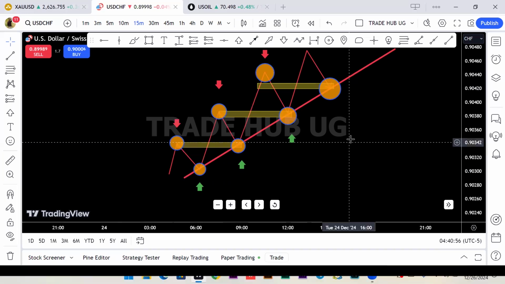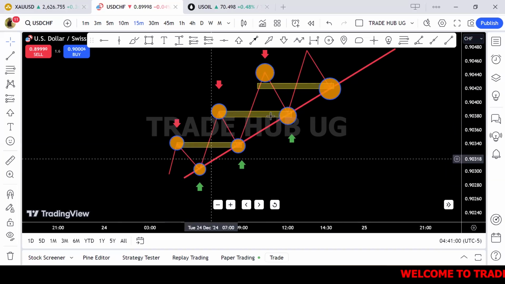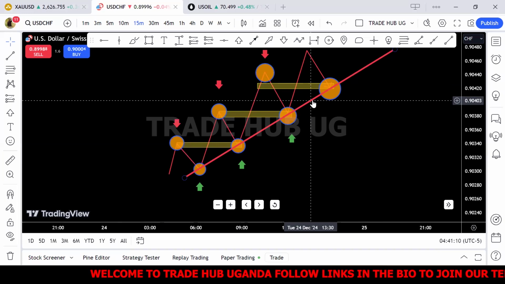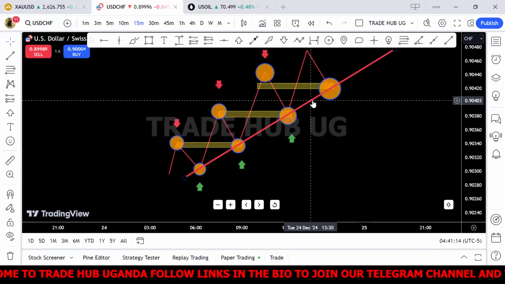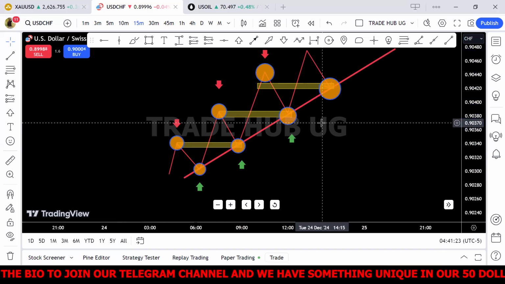Even if you connect at least two equal highs in this trend, we shall take it to be a valid trend line. You get me?